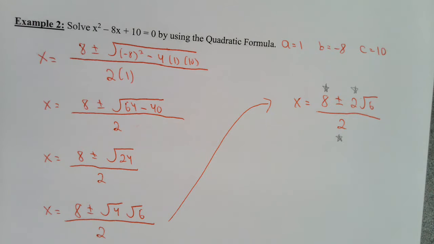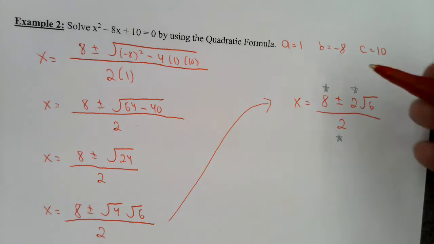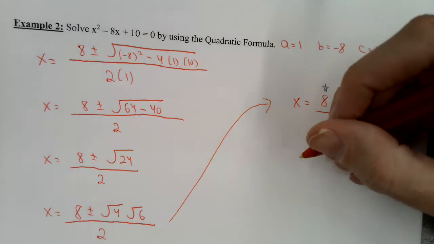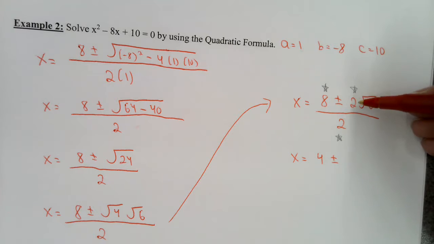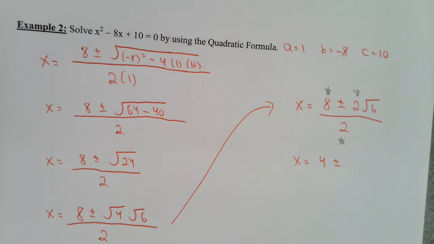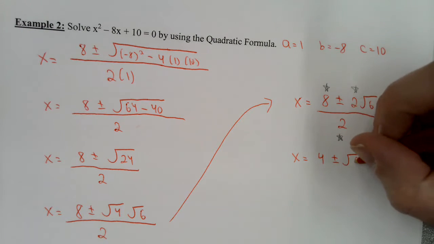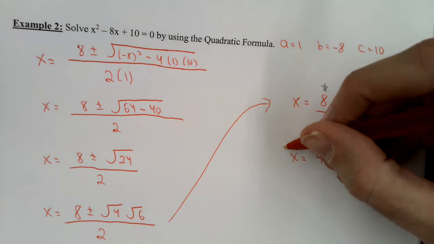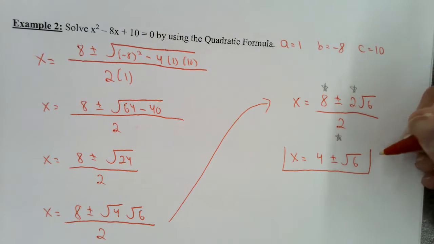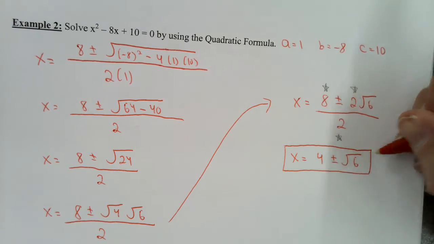So they all have a common factor of 2 in this example, so we're going to divide each one by 2. So we get x equals 4 plus or minus 1 square root of 6, which I'm just going to put square root of 6. 2 divided by 2 is 1. You don't have to write divided by 1, so I'll write this as my final answer, and that's the end of that one.